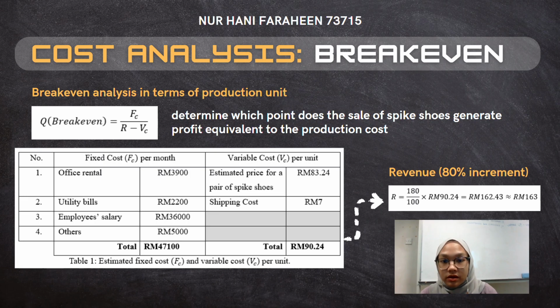As for the variable cost, the spike shoes price for each pair is estimated based on the maximum price set by the supplier, and the total cost for shipping the shoes is 7 ringgit each according to the standard in Malaysia. The revenue is an 80% increment of the variable cost as the company wants to make the maximum profit.